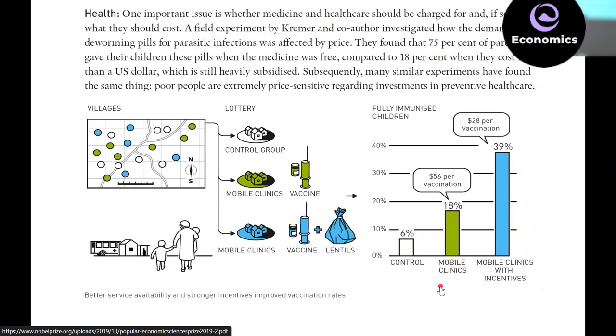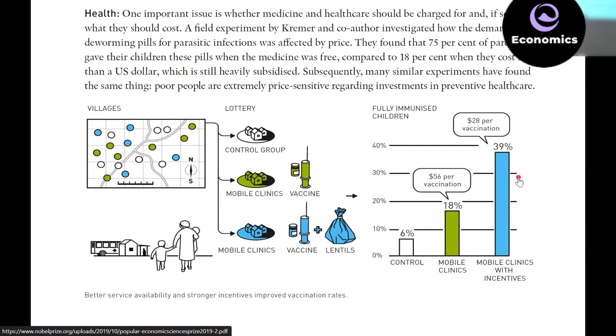If you think about it, in this low-income country, a small incentive increases the vaccination rate by a huge margin. And there's a cost in terms of setting up the mobile clinic. The cost of the food is relatively small.